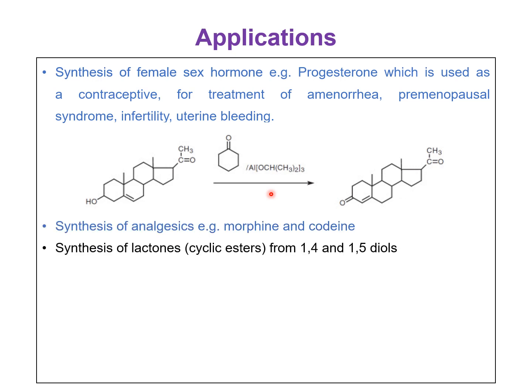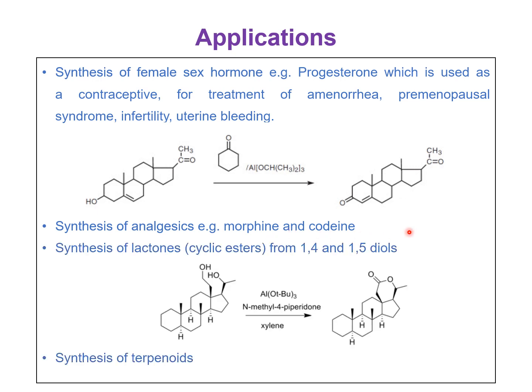Then this is one of the steps for synthesis of various analgesics like morphine and codeine. And because we are converting alcohols to ketones, cyclic ketones as well as cyclic esters like lactones also get formed.